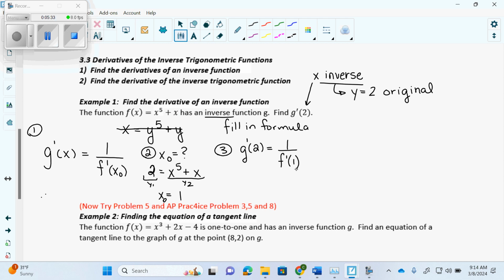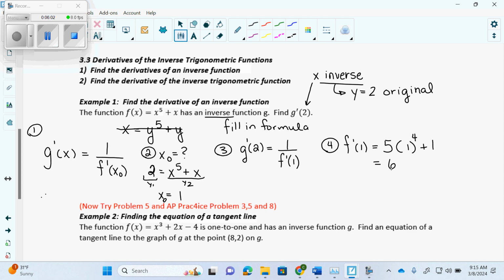Now if I just find f prime of 1, I put that number on the bottom, I'm done. That's it. So I need the derivative first, right? So it's going to be 5 times 1 to the 4, plus what's the derivative of x? 1. So what does this result in?